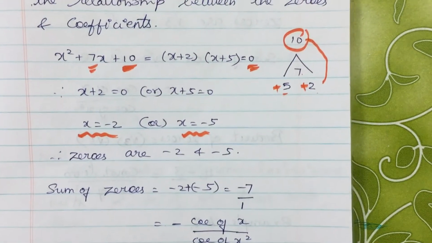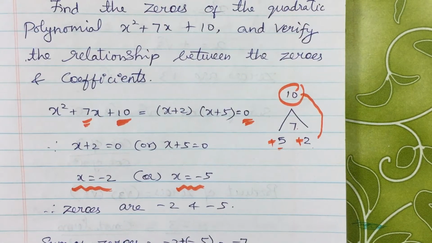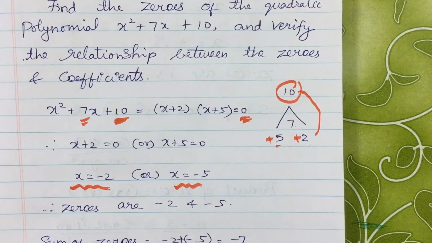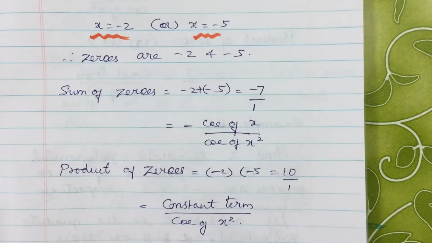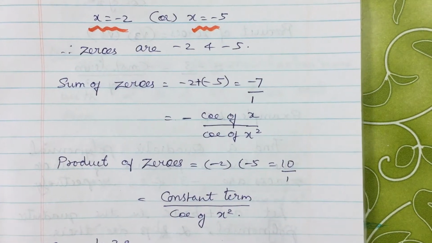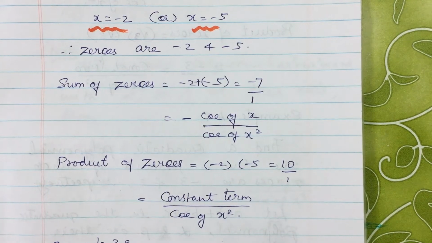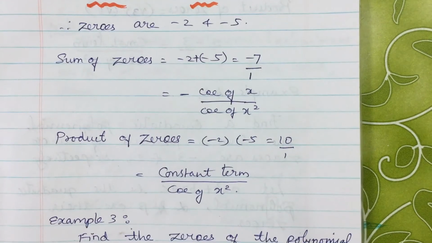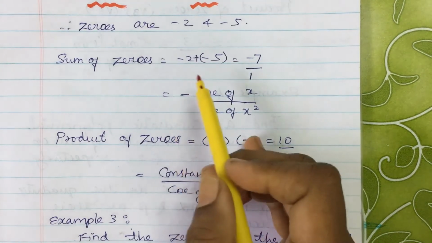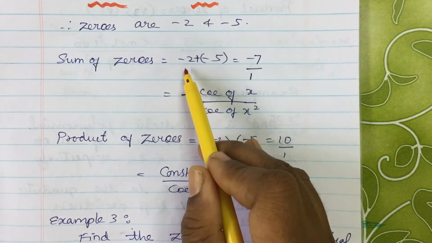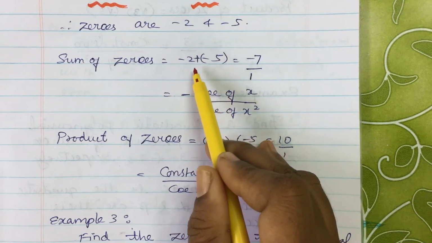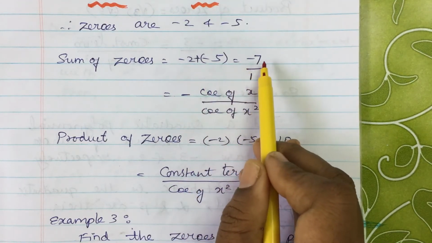And in your question, you are asked to verify the relationship between the zeros and coefficients. Okay, so what is the relation? The sum of the zeros formula should be minus b by a and the product of the zeros should be c by a. Okay, so for the sum of the zeros, I got the zeros as minus 2 and minus 5. So when I add up, I got minus 7.